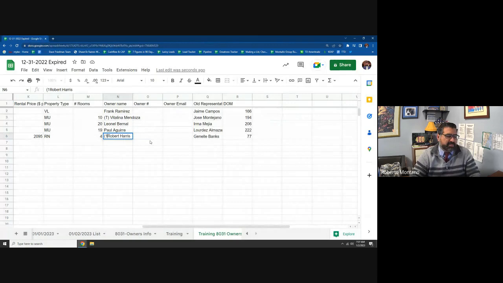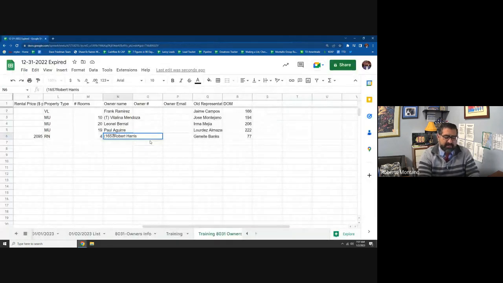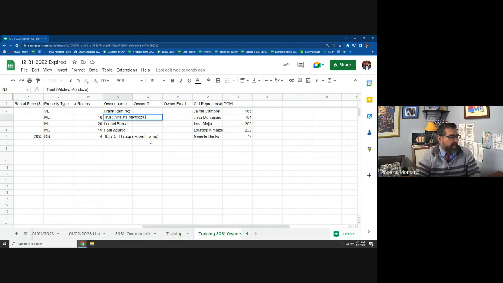It's not actually a trust, it's an LLC. So I'll put 1657 South Troop, with the owner being Robert Harris. And I'll do the same thing for this. Okay.